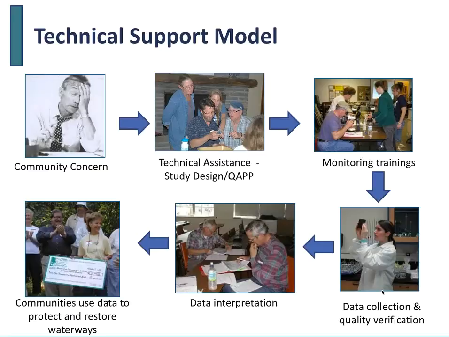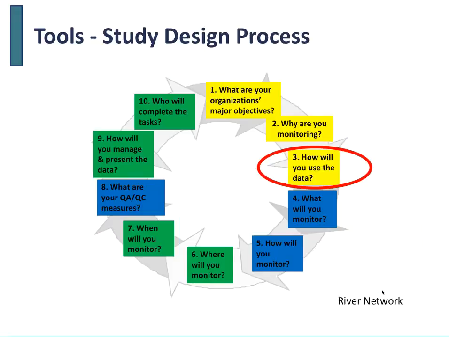At that point, it's up to the community to decide whether or not collecting scientific data is useful to achieving their goals, in which case they'll develop a study design and a quality assurance project plan. Then they'll go through monitoring trainings, do data collection and quality verification, do data interpretation, and finally use their data to achieve their intended goal.